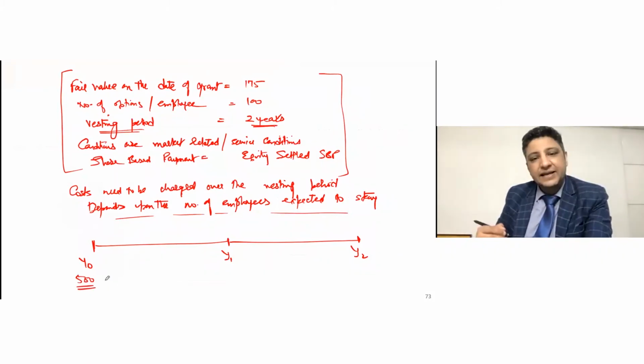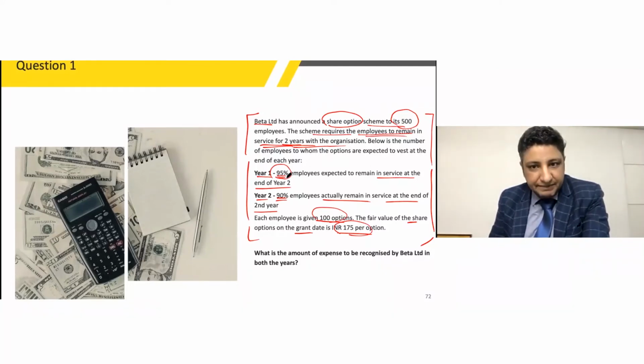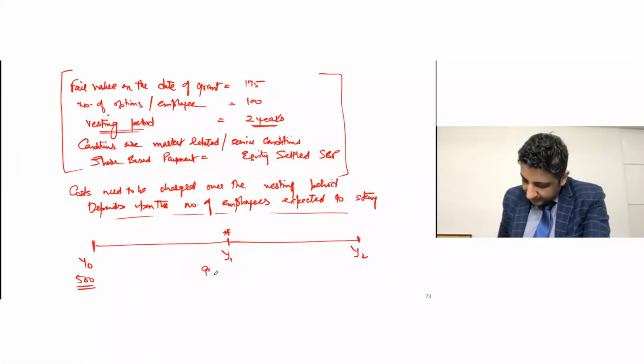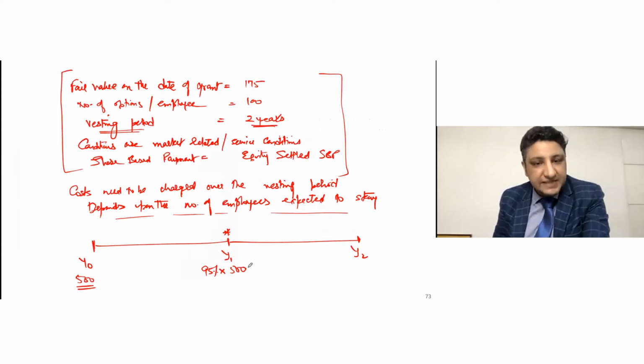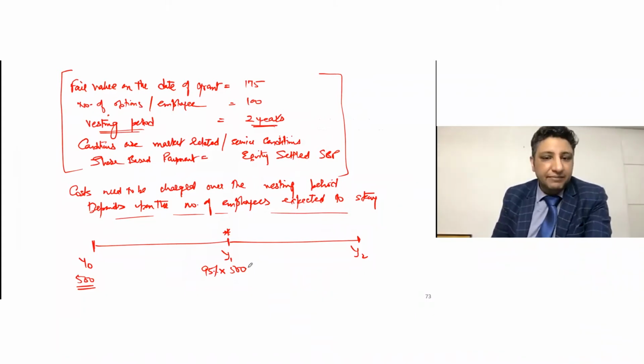At the end of year 1, we are expecting that in total 95% employees would stay. That is an important calculation for us. We are saying that 95% of 500 people would stay with the company until year 2, which is the vesting period again. So when you say that you are expecting 95% people would stay, your cost calculation would be based on that particular number.